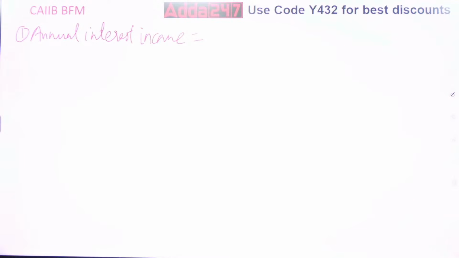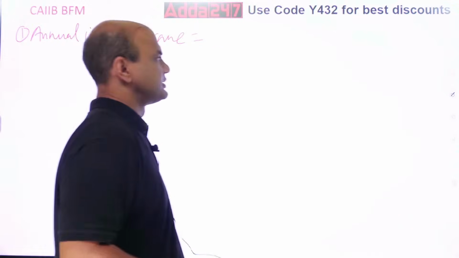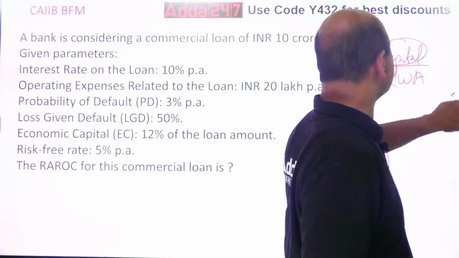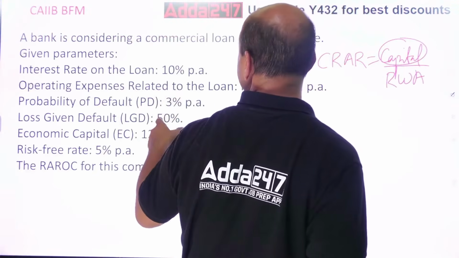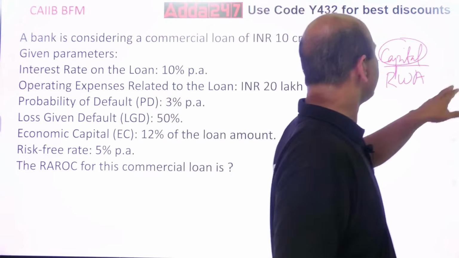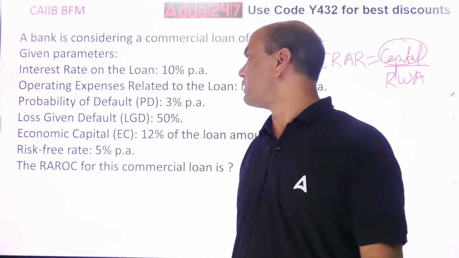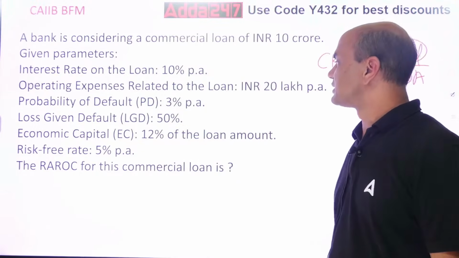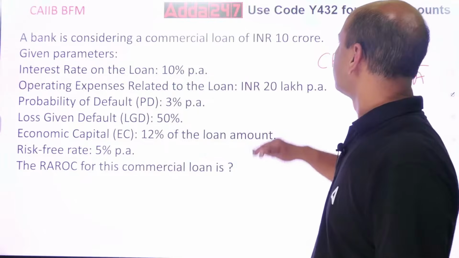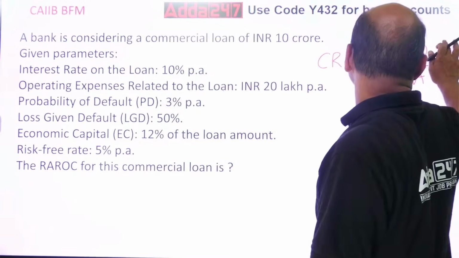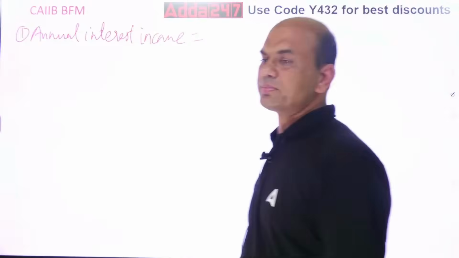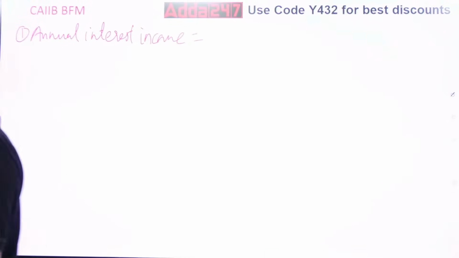Commercial loan is of 50 crores, and interest rate is 8%, right? 50 crores, is it so? 10 crores, sorry. 10 crores, and the rate of interest given is 10%. Okay, 10 crores, 10%. Find this. Get the answer.